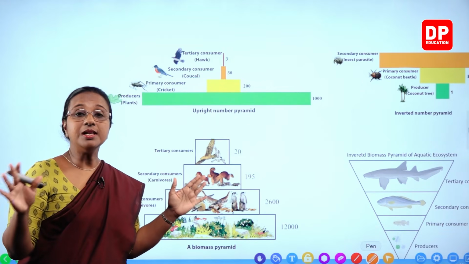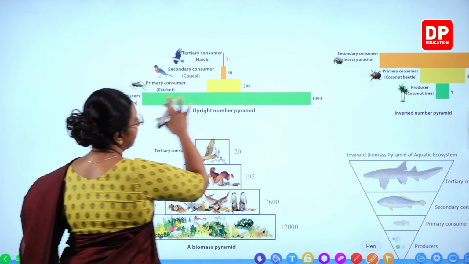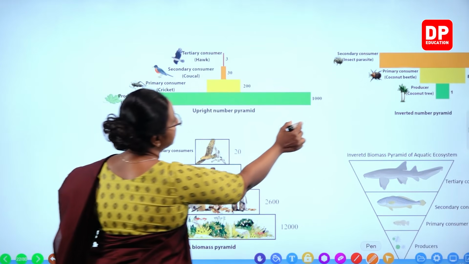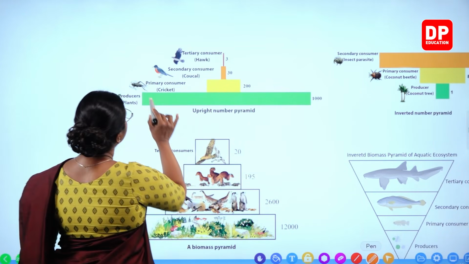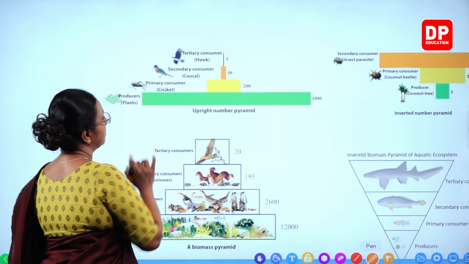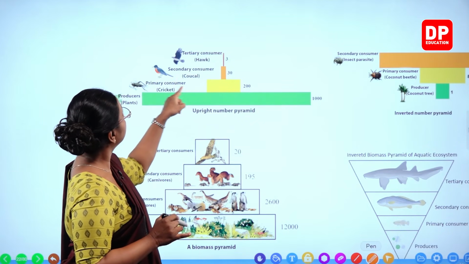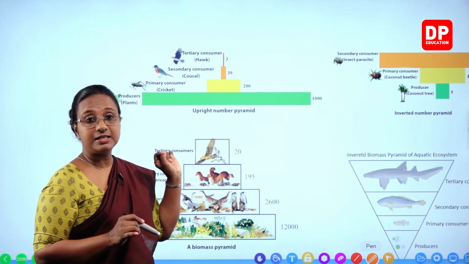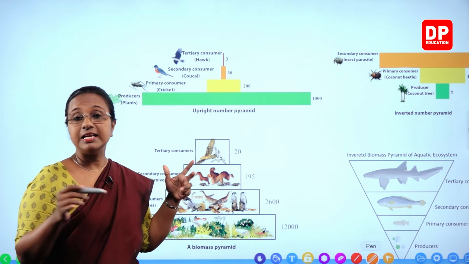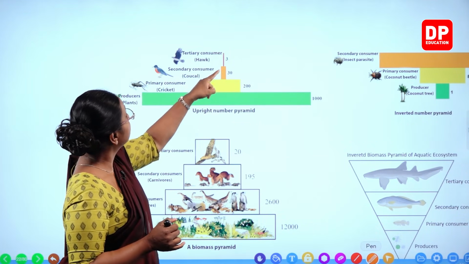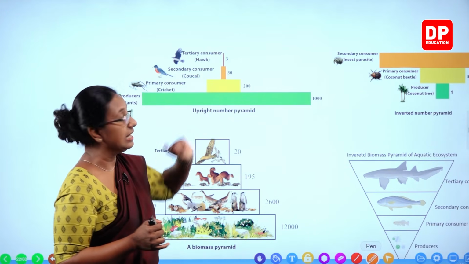So in a normal terrestrial environment, you have a lot of producers. The number given to you is 1000. Then you can see the cricket is a primary consumer. There are only 200 crickets. And the cockle is a bird that is a secondary consumer. Only 30 are there in that particular environment. Then the tertiary consumer is the hawk, only 3.